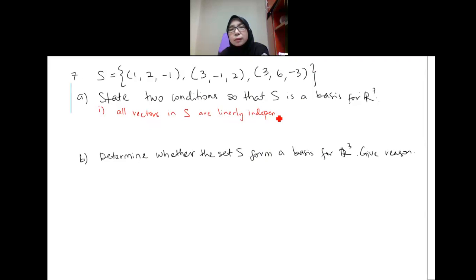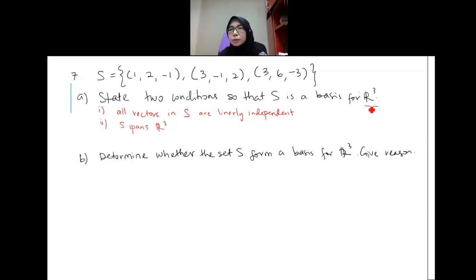Second condition, S spans R3, since the vector space is R3. Those are the two conditions for a basis.